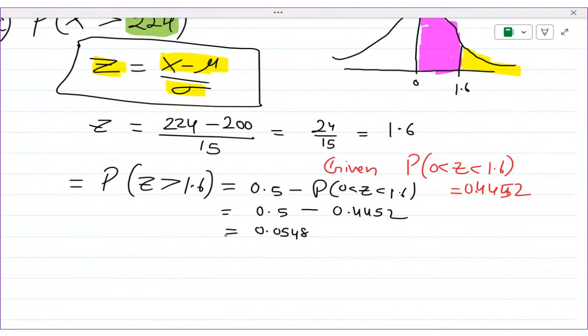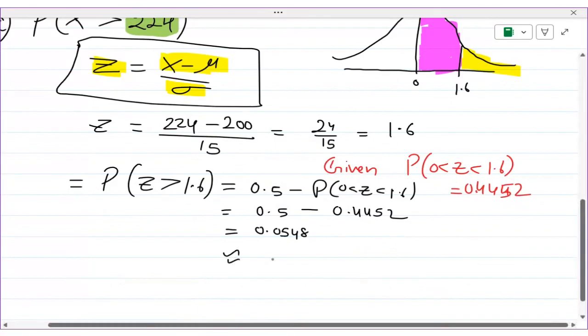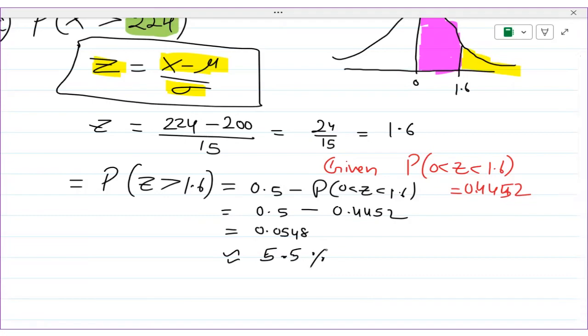It means these are the chances that there will be more than 224 milliliters of soft drink in a particular cup.